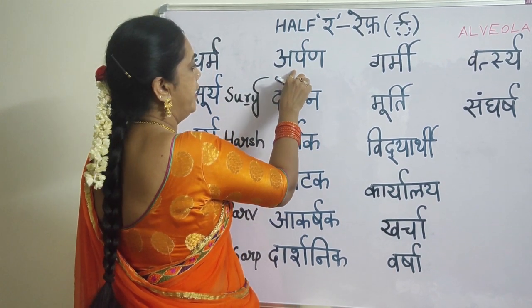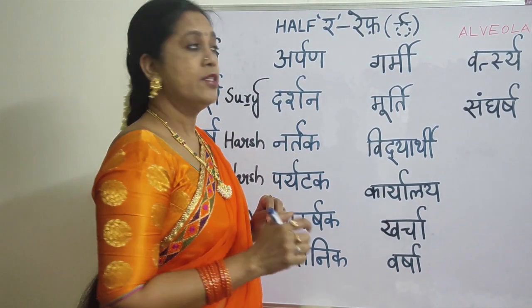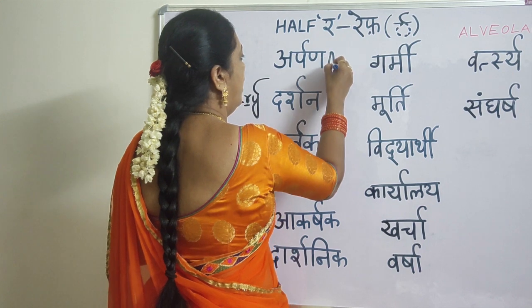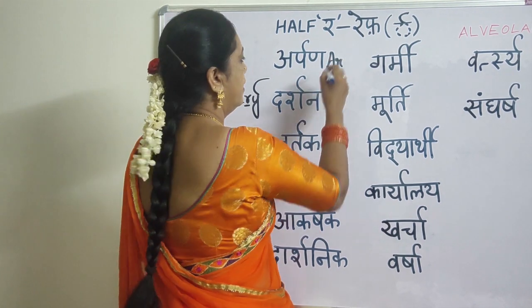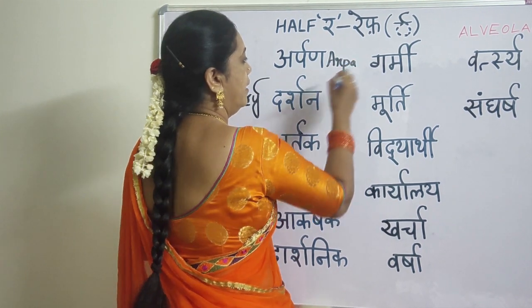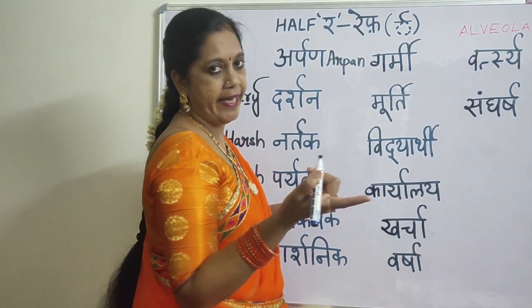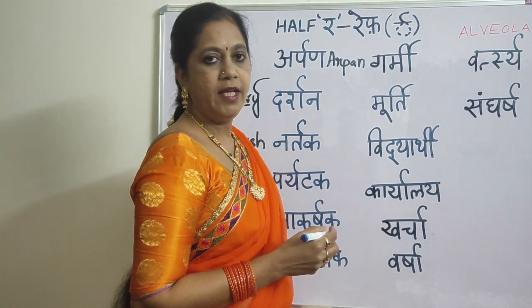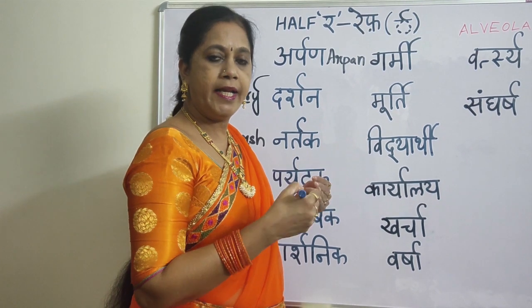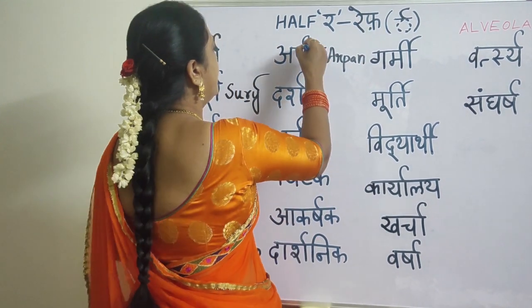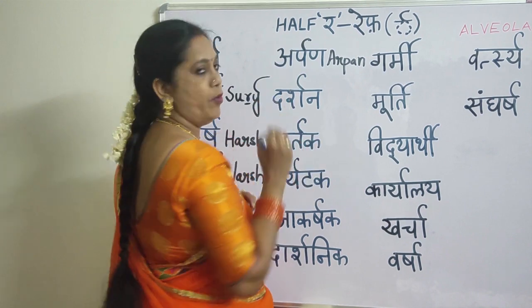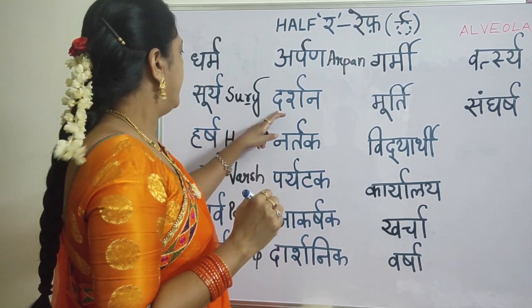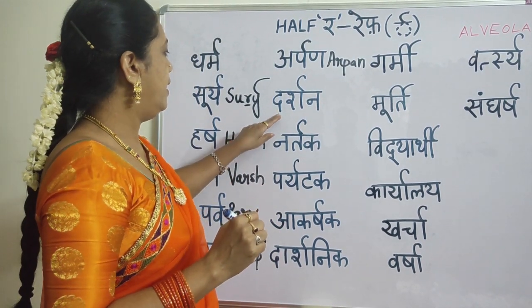So a, ir, pa, na, half sound at the end I told you. So what is it? Arpan. That irp has come over here. So it is arpan.